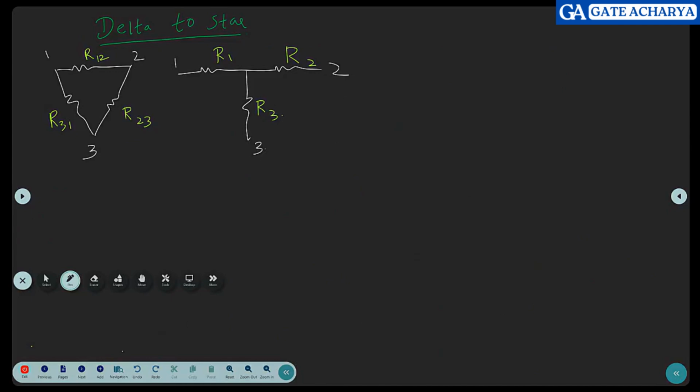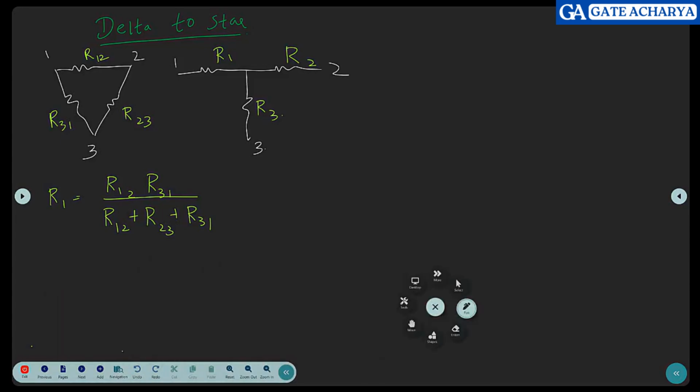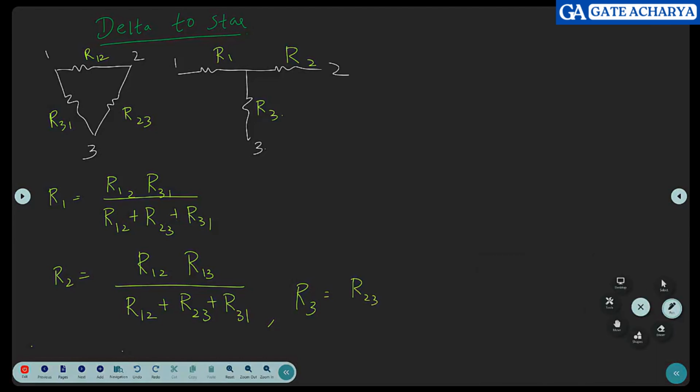So if you want to convert delta to star, the equations go like this. Star to delta.